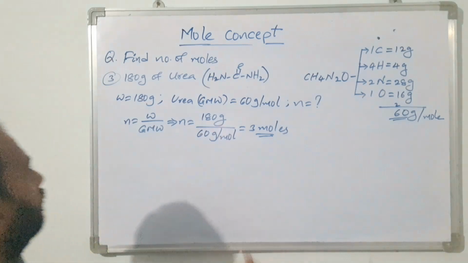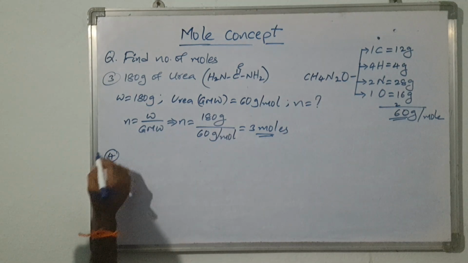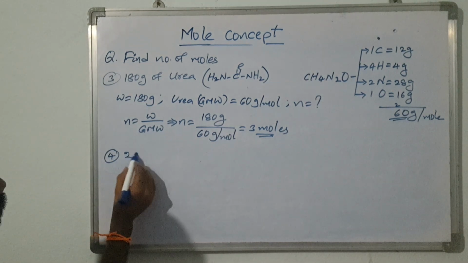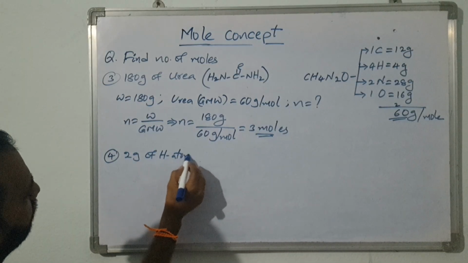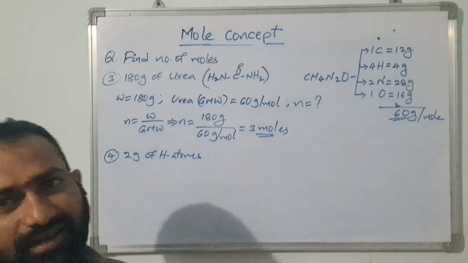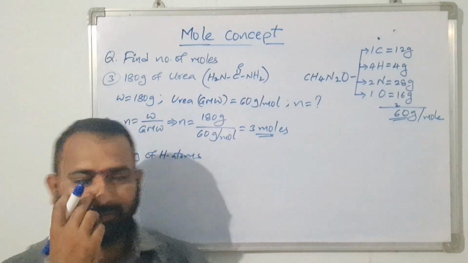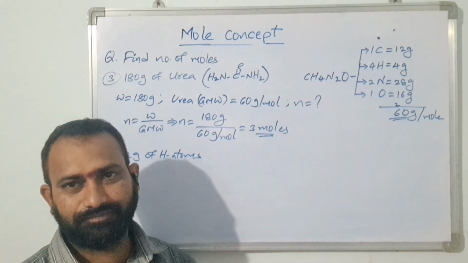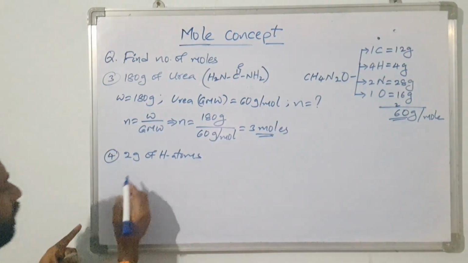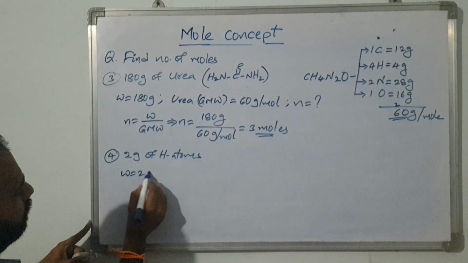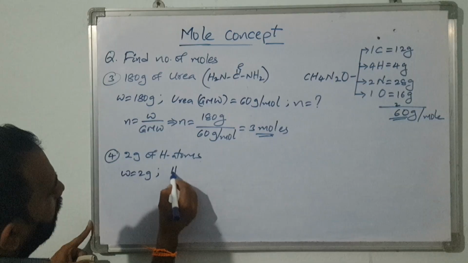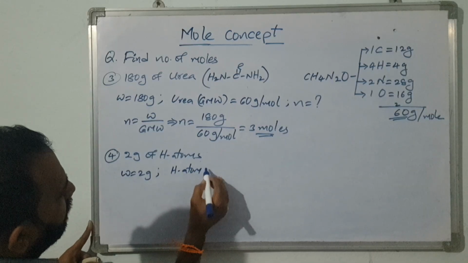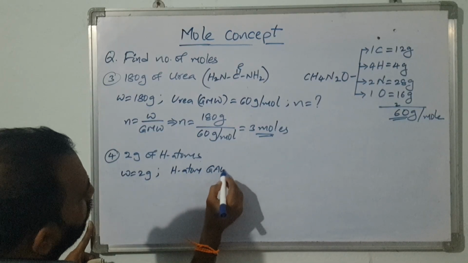Understood? Next, another question. For example, if 2 grams of hydrogen atoms are given. So here atoms are given, not molecules. What is the given information? Weight is equal to 2 grams. Hydrogen atoms are given, so we should calculate gram atomic weight.